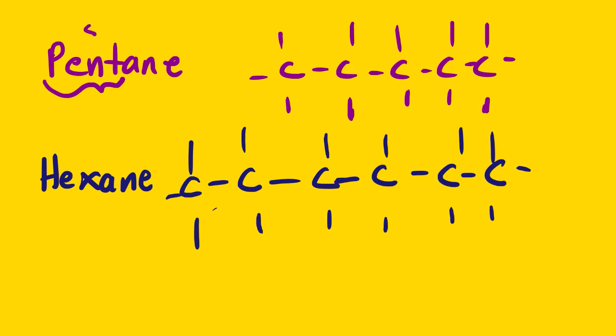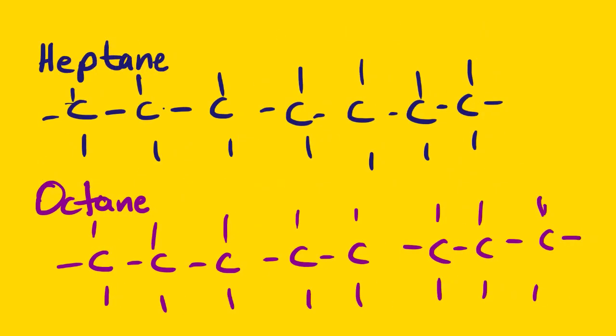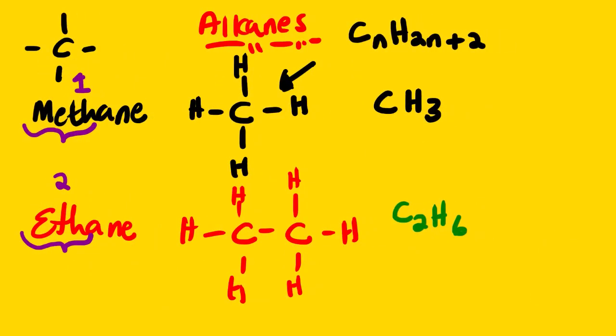Pentagon simply means 5. Then the hexagon is a 6-sided diagram, means 6. Hept means 7. Oct, we know that from grammar, octave, octopus, simply means 8. So these are important things that you should know.